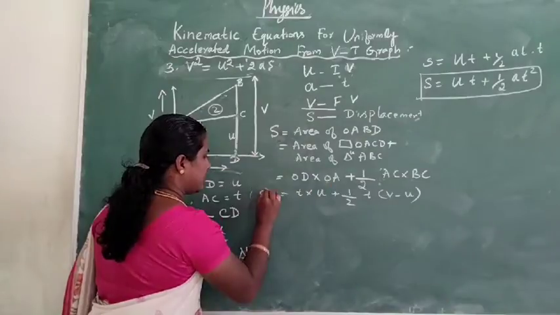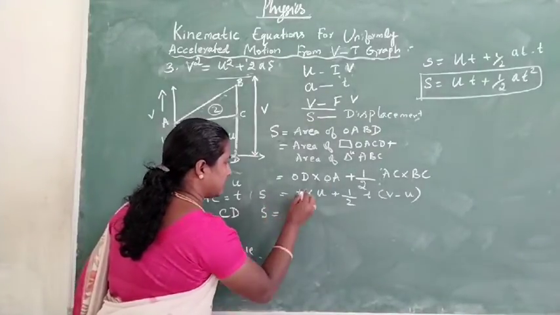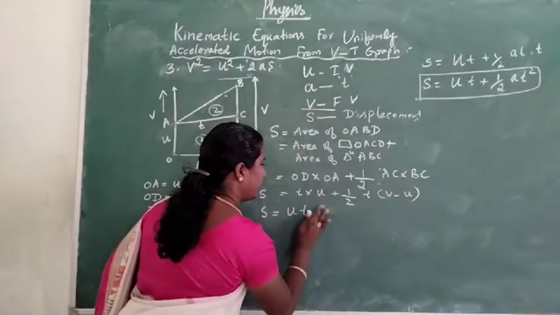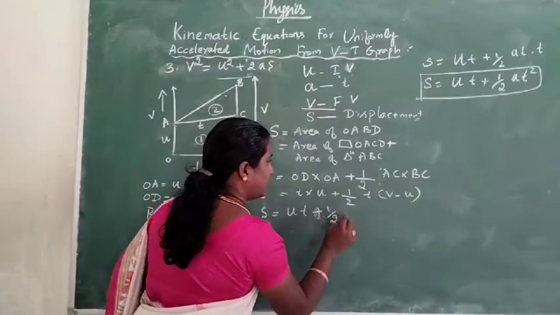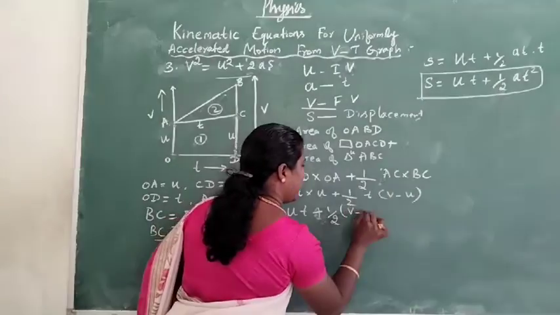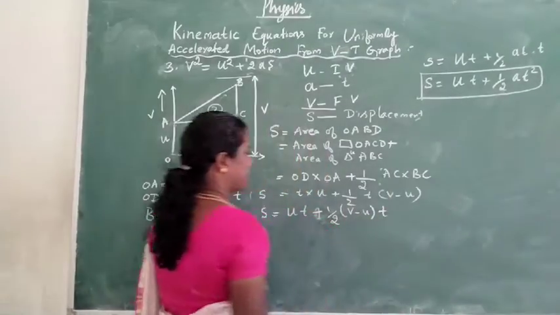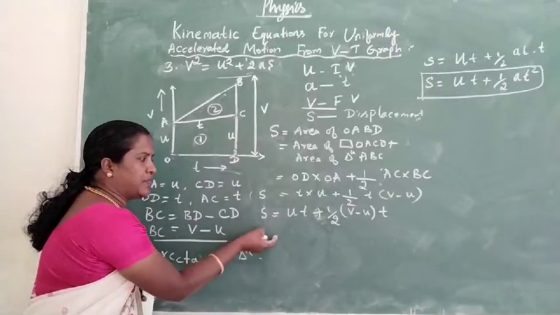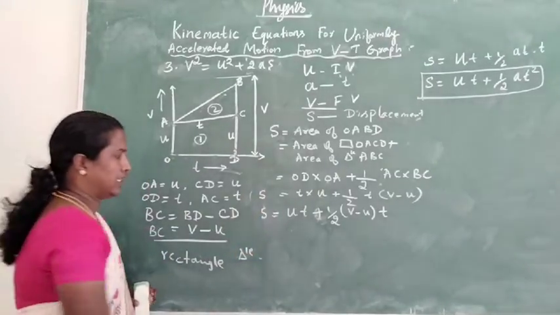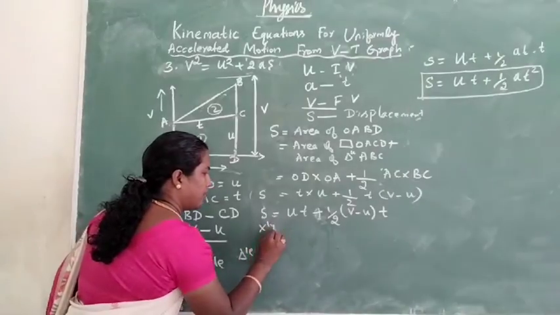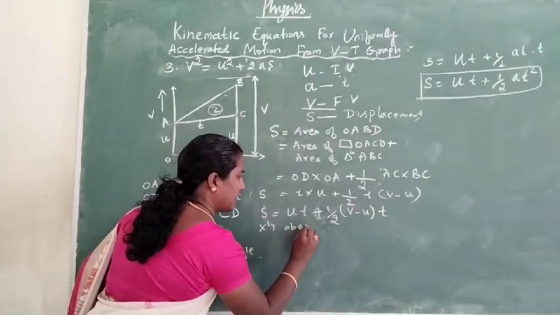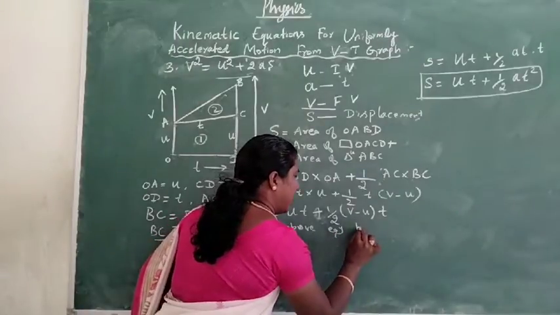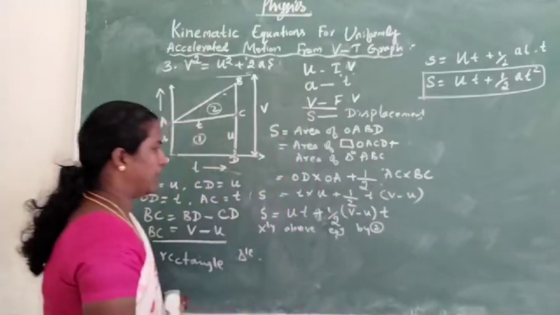I am rewriting this equation: S is equal to U into T, UT, plus half into V minus U into T. Understood this equation? Let us multiply this equation by 2.